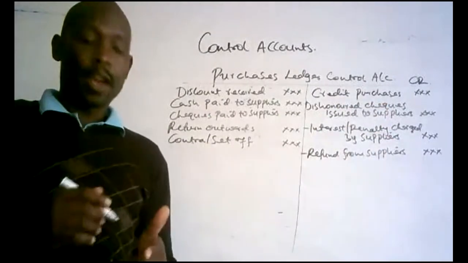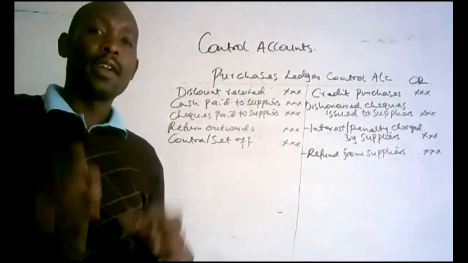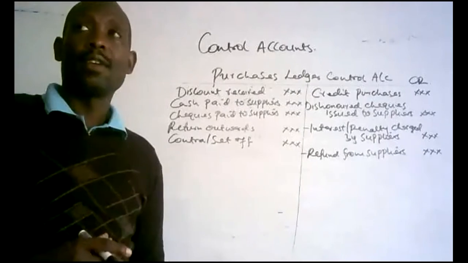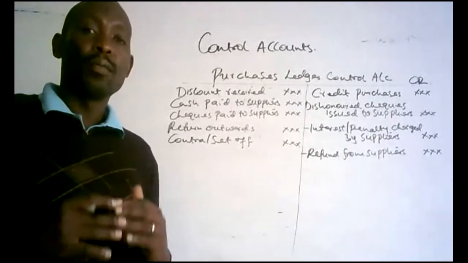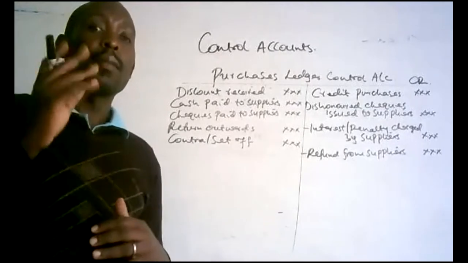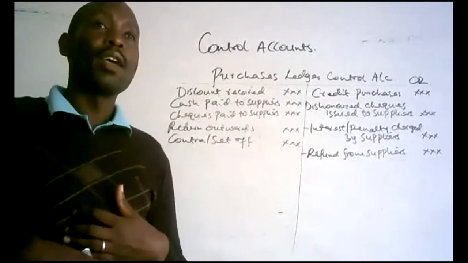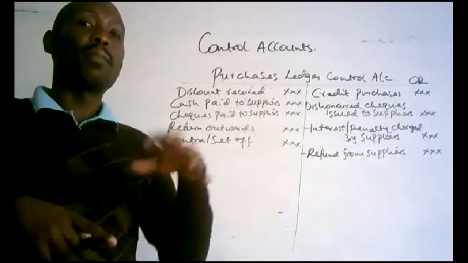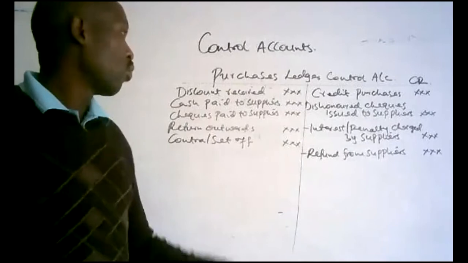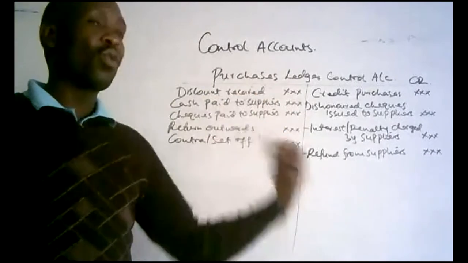A contra arises whereby a business is a debtor and a creditor at a particular point. We are a debtor because we are supposed to receive money from somewhere, and then we are a creditor because we are paying someone a certain amount of money.